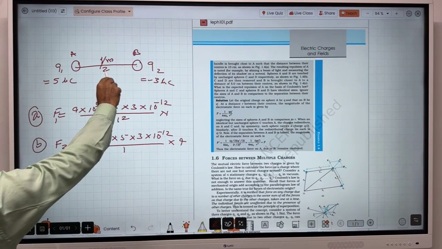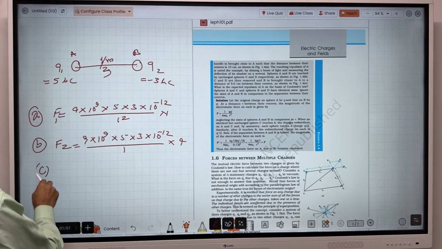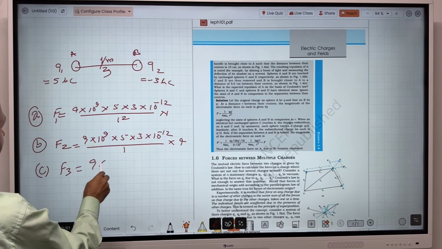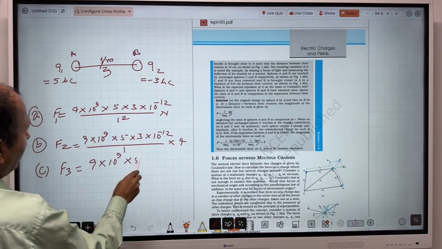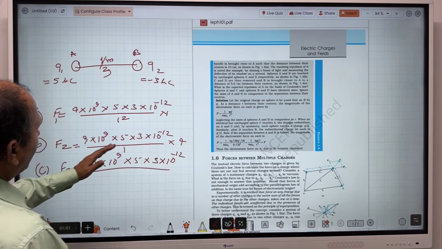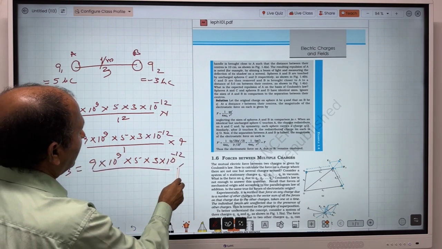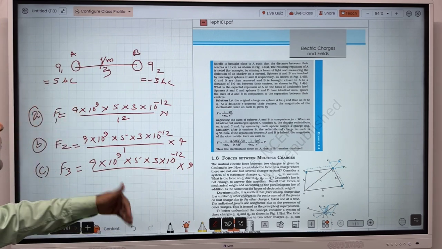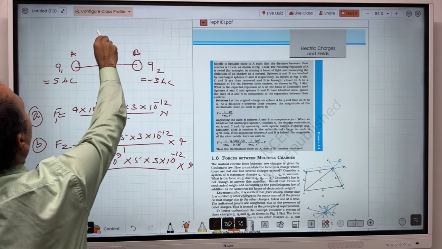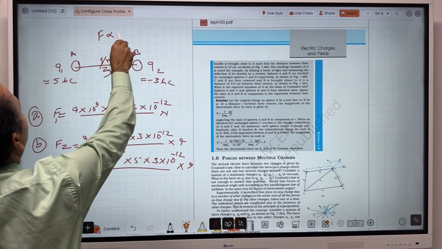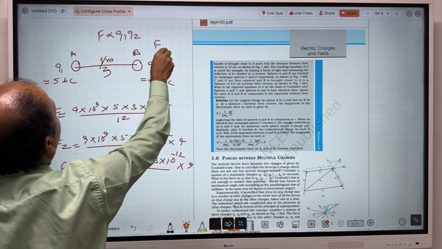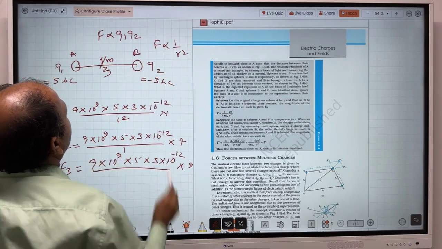Suppose the distance is made 1/3. In the next case we see F3 equal to, then what will happen? 9 into 10 to the power 9 into 5 into 3 into 10 to the power minus 12 divided by 1 upon 3 square. So it will become 9 times. Correct? Because force depends on the product of charges Q1 and Q2, and force is inversely proportional to the square of the distance between them.